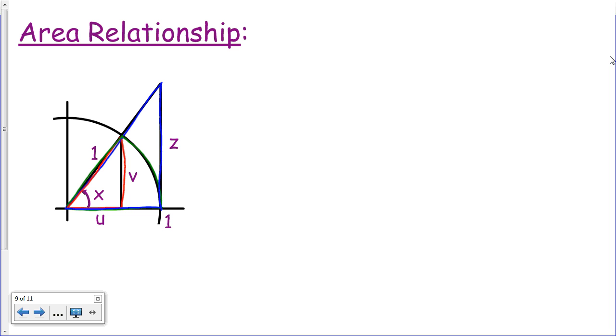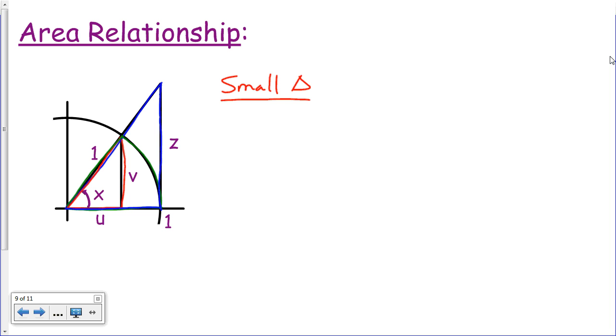So the first thing I want to do is look at how u, v, and z are related to this angle x. It really doesn't matter what we start out with, but let's look at this small triangle to start off with. I'll just draw a small triangle there. And let's start with u. Let's just do this in order here. So if I look at u and I look at this angle x, u is the adjacent side to that angle, and the hypotenuse of that little red triangle is 1.